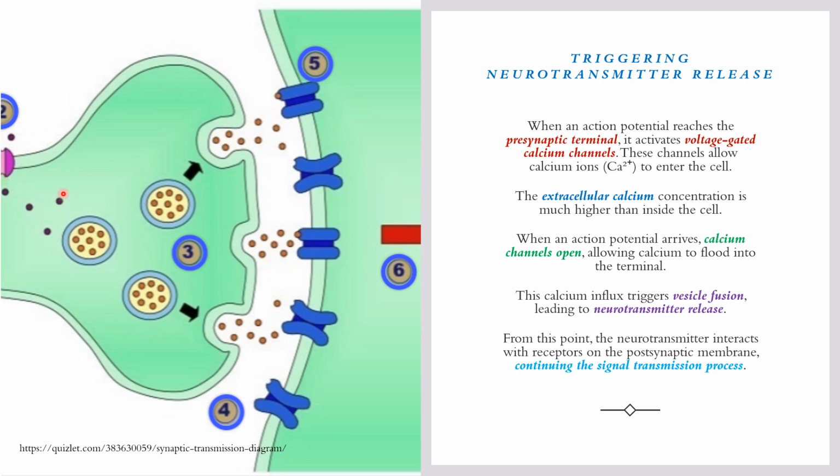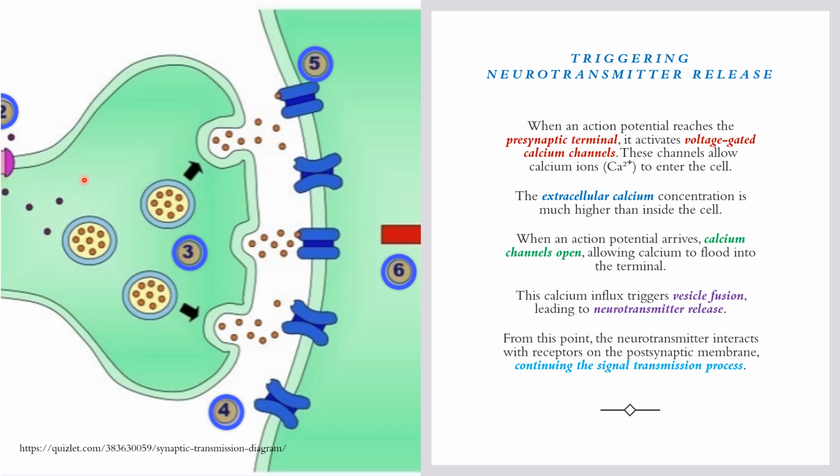Inside the cell and outside the cell, the concentration of calcium ions is different. Outside the cell we have 10 times, or even 100 or 1000 times more calcium. When the electrical impulse, the action potential, reaches the presynaptic terminal, it will activate those gates and the calcium will enter the cell.